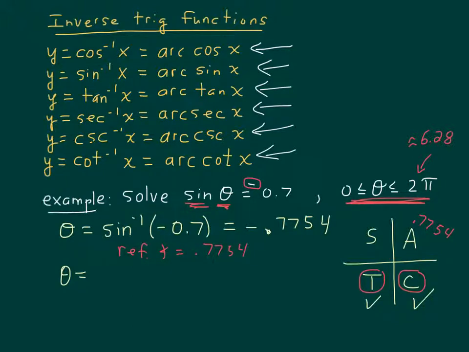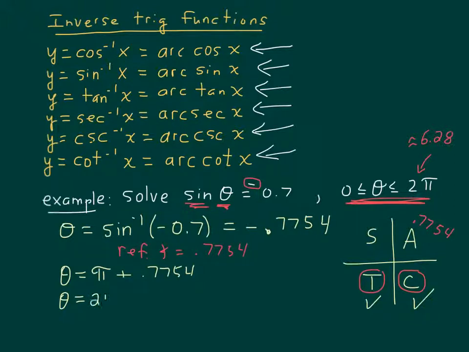Well, in quadrant 3, recall if we were in degrees, we would be doing 180 plus our reference angle. So in this case, 180, since we're always in radians, is pi. So we need to do pi plus our reference angle, 0.7754.